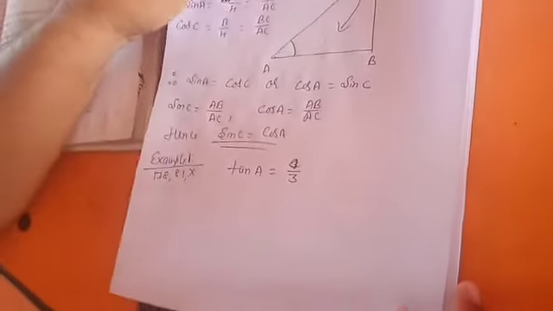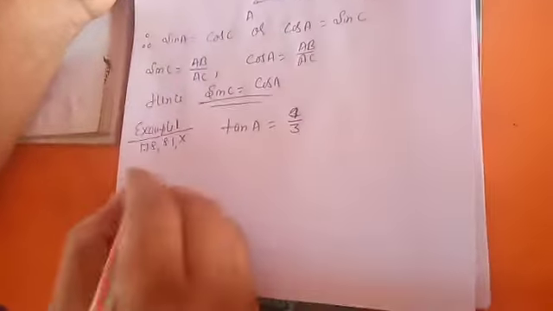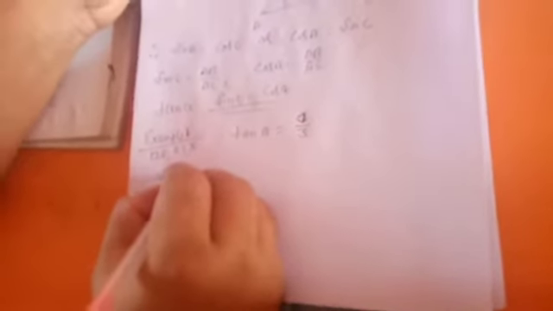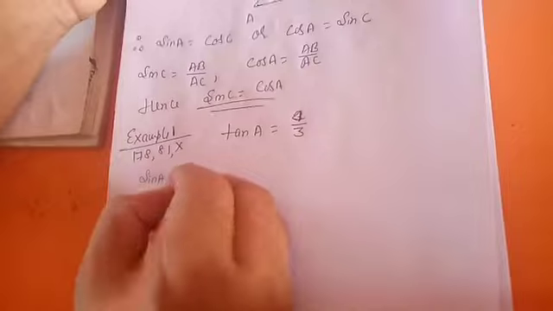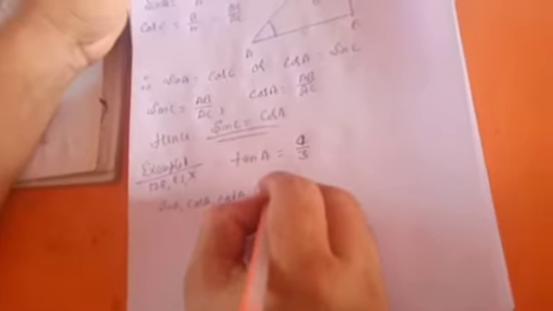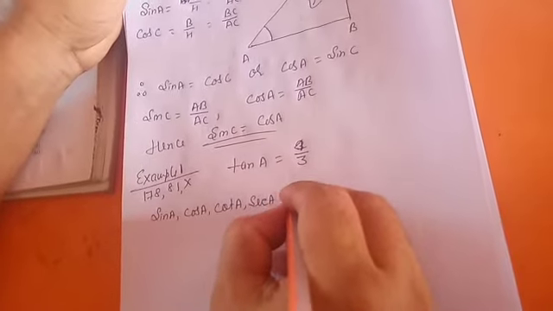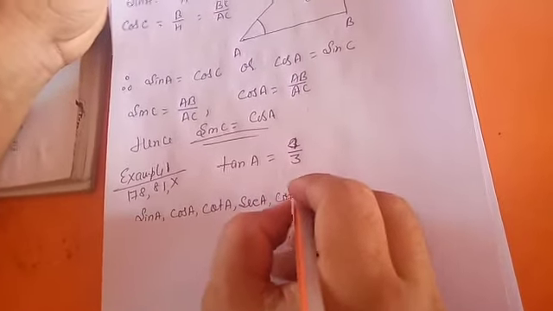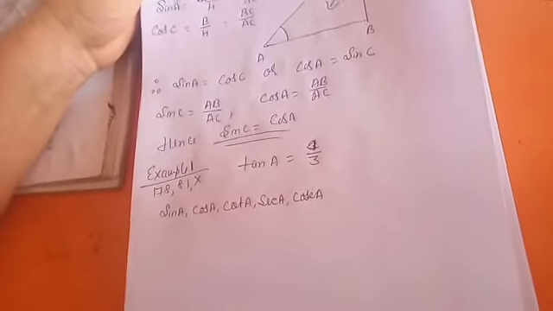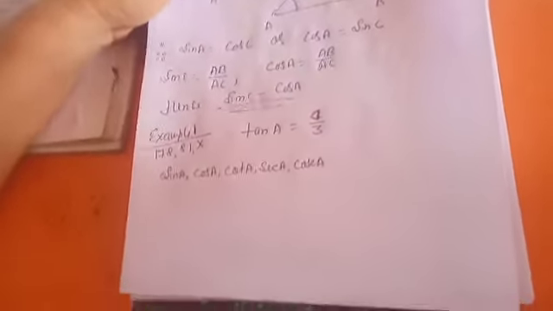Find the other trigonometric ratios of the angle. Its meaning, you have to find out sin of A, cos of A, cotangent of A, secant of A, and cosecant of A. So total trigonometric ratios, how many? 6.